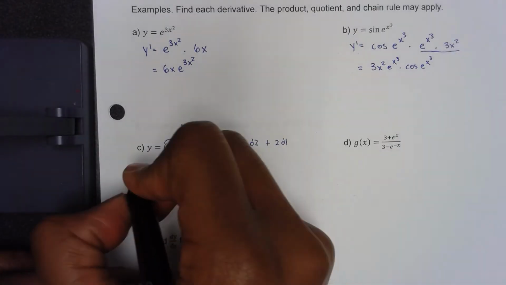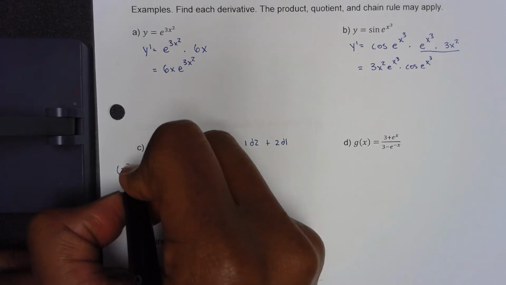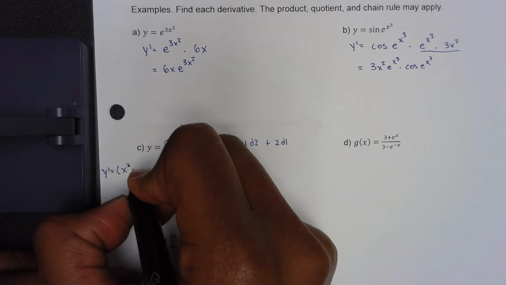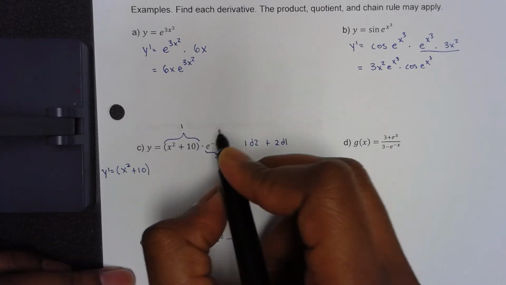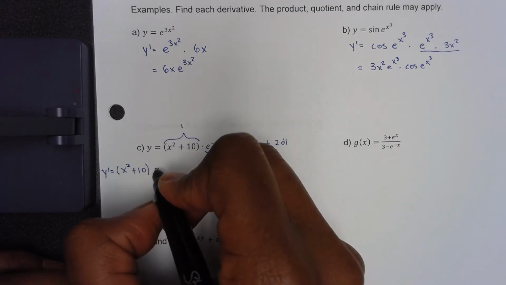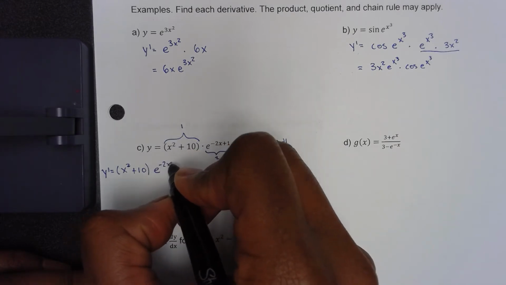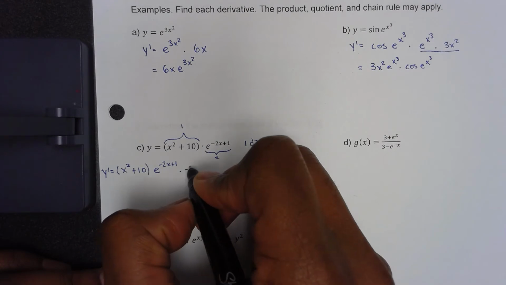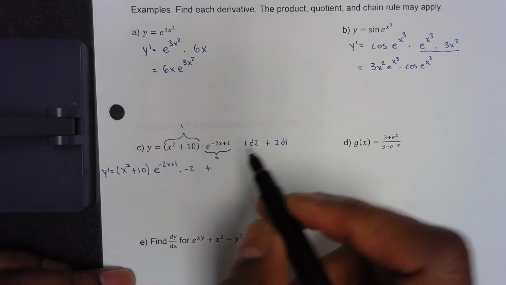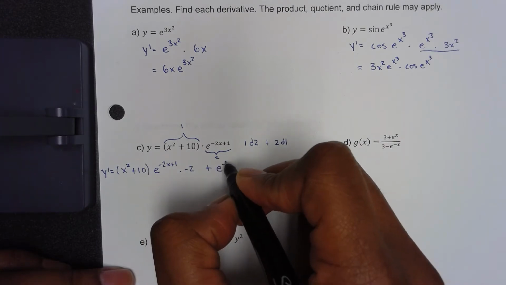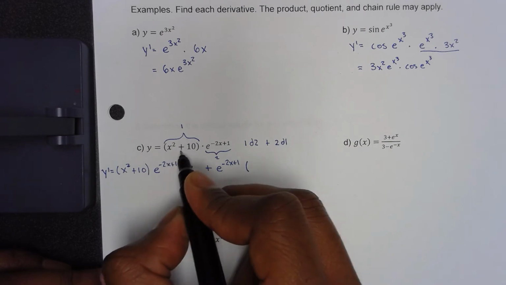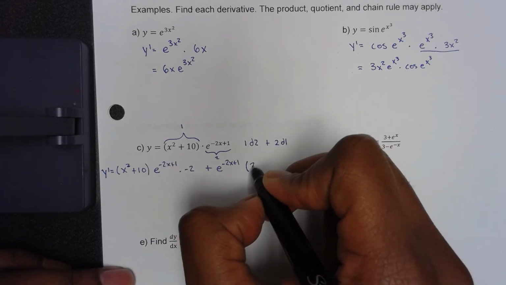So y prime equals x squared plus 10 times the derivative of e to the negative 2x plus 1, which is e to the negative 2x plus 1 times negative 2, plus the second function, e to the negative 2x plus 1, multiplied by the derivative of x squared plus 10, which is just 2x.